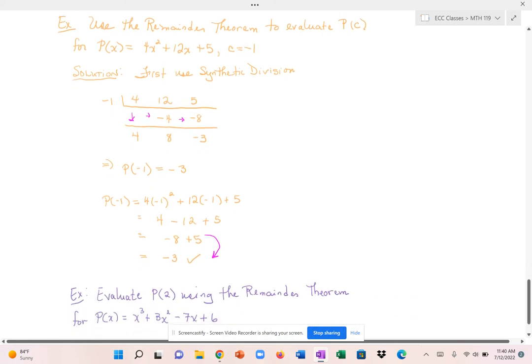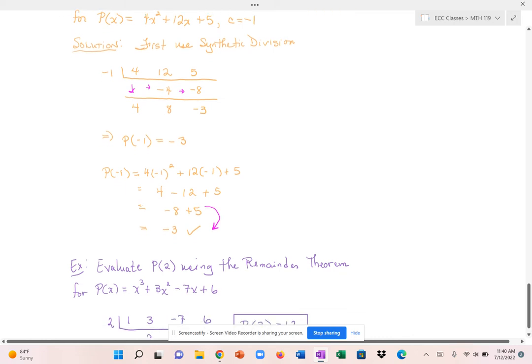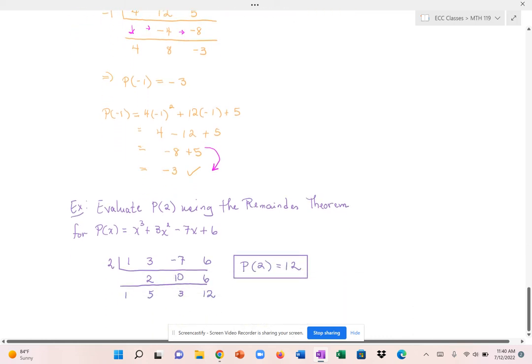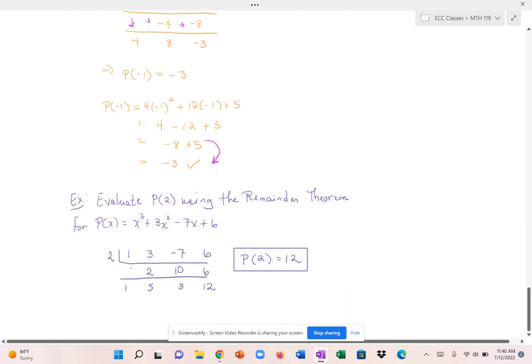So here I want to evaluate p of 2 using the remainder theorem. So again, that means I'm going to divide this 2 into these numbers here using synthetic division. I just took those numbers from my third degree polynomial up here. Copy down the 1. 1 times 2 is 2. 3 plus 2 is 5. 5 times 2 is 10.